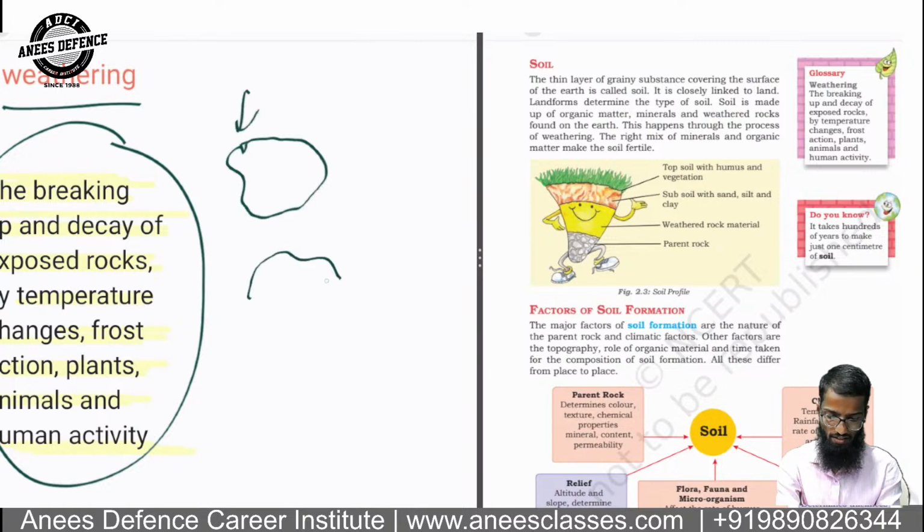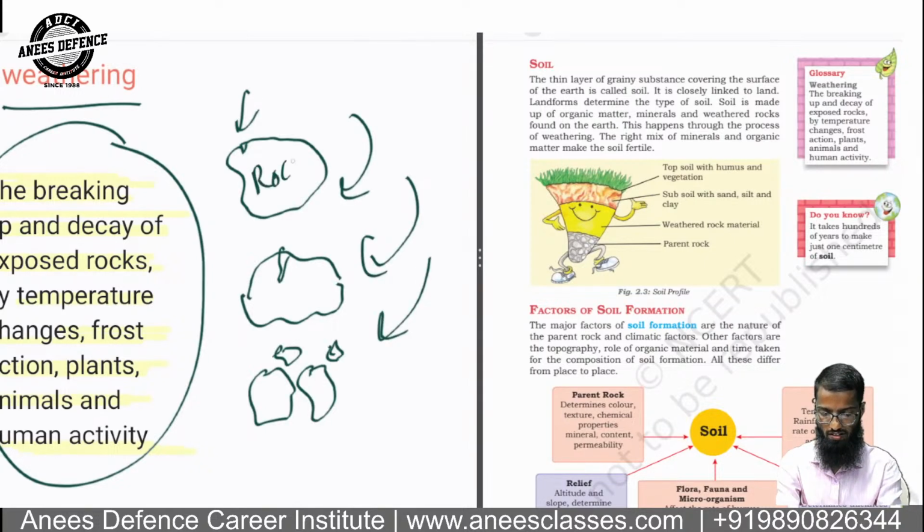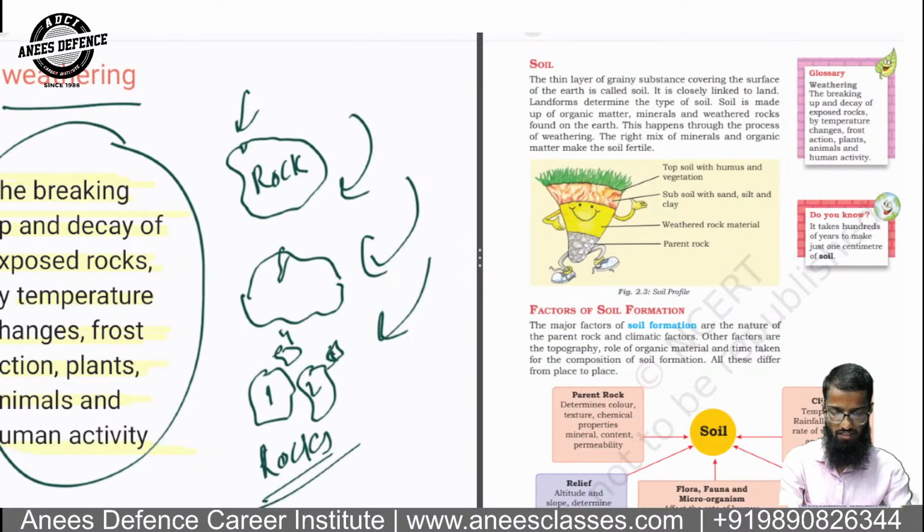Now it will crack down first. It will be into 2 pieces or more than 2-3 pieces. So this breakdown of the rock is called as what? The weathering. Clear है? Weathering किसको बोलते हैं?